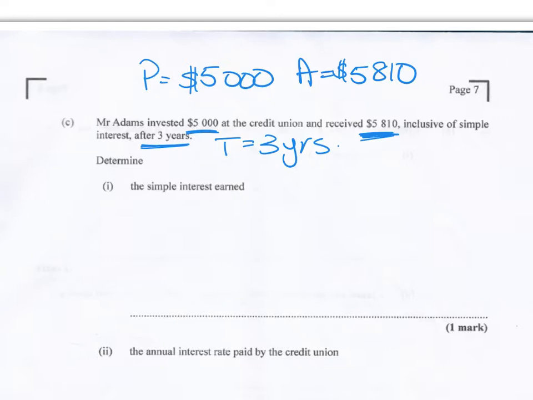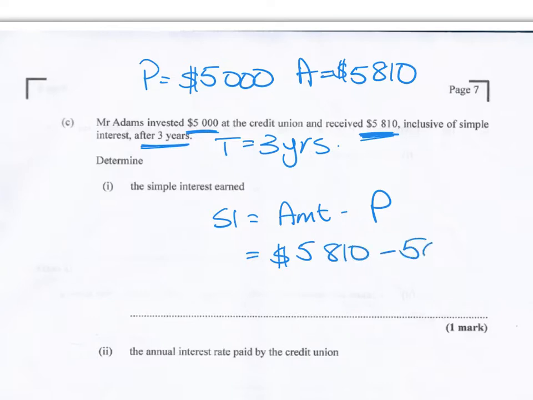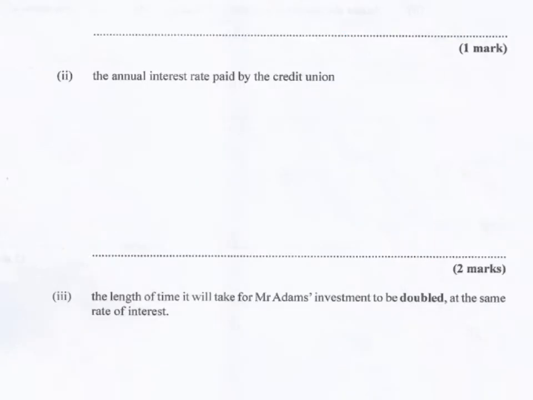So simple interest earned is equal to amount minus principal, so that gives us 5,810 minus 5,000, which gives us 810.